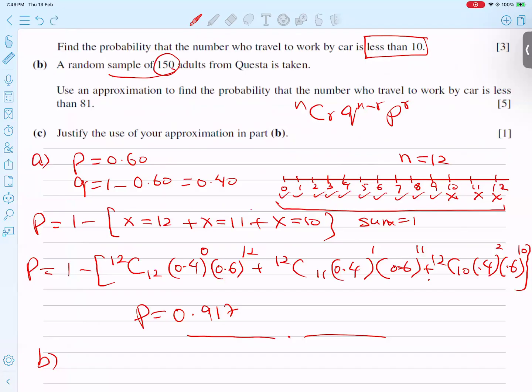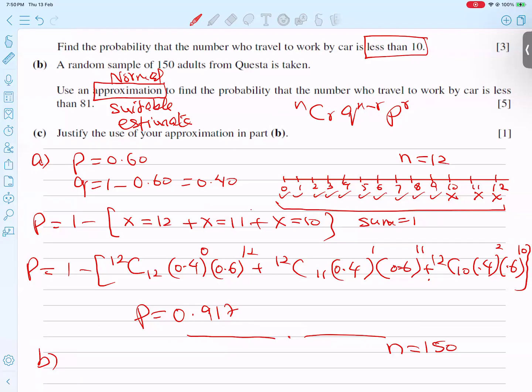So let me write: sample is 150. And he said, find a suitable approximation. When the word approximation comes, it is normal approximation. Sometimes he uses the word suitable approximation, or he uses the word estimate.